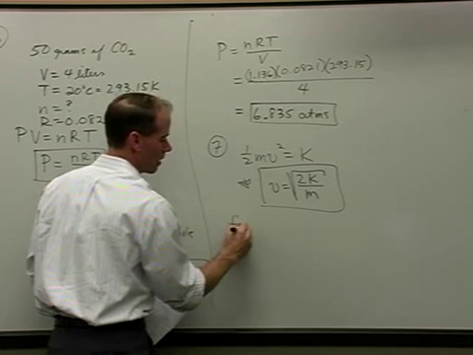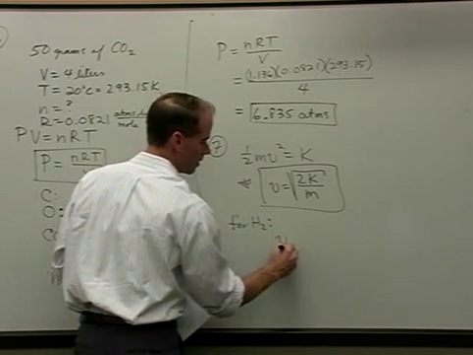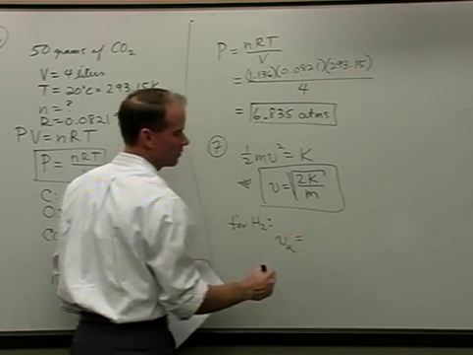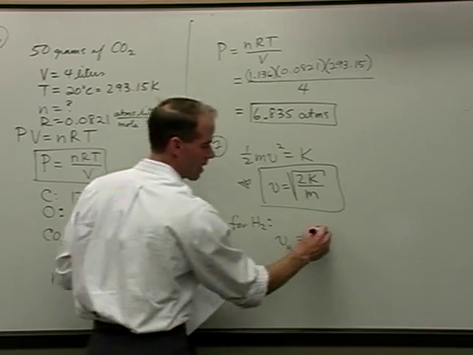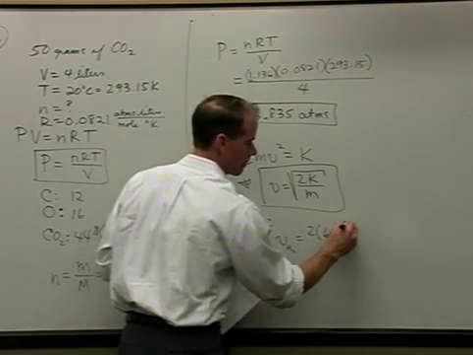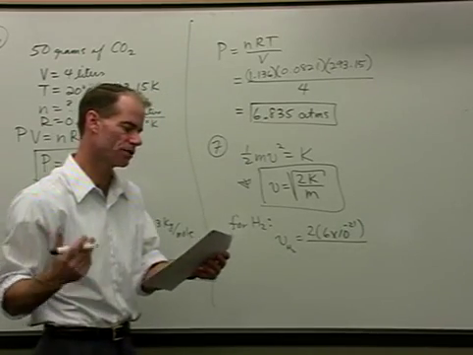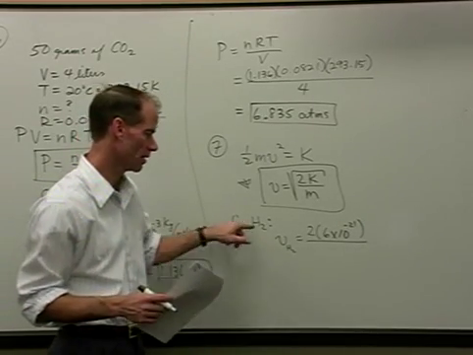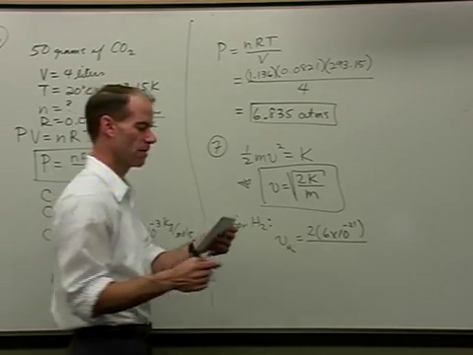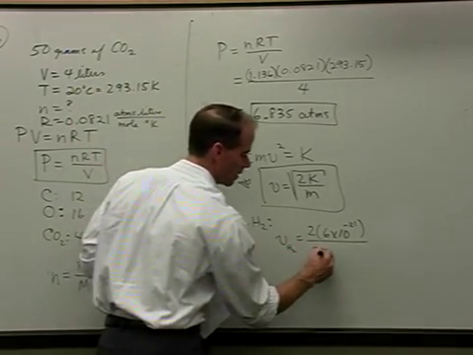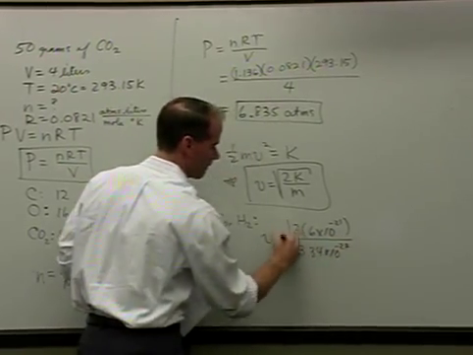If we did this for hydrogen, then we'd say that the average speed of hydrogen would be equal to the square root of 2 times this kinetic energy, 6 times 10 to the minus 21, over the mass given for a hydrogen molecule, which would be 2 hydrogen atoms, which is 3.34 times 10 to the minus 27 kilograms.